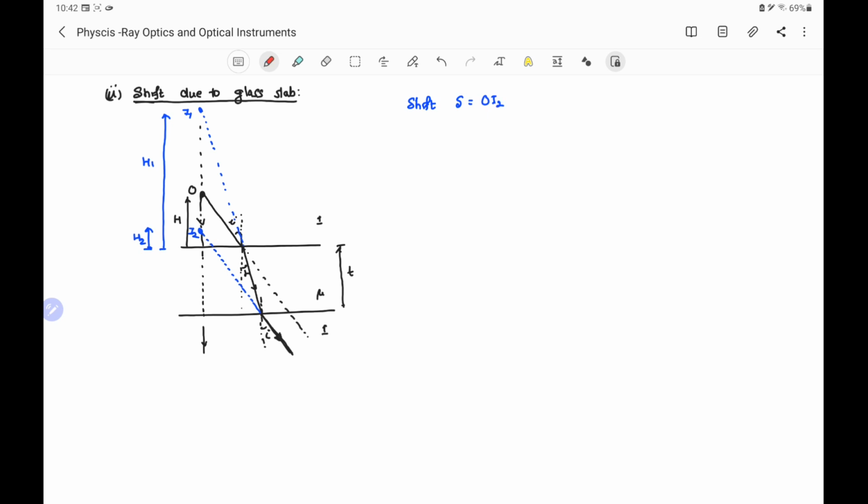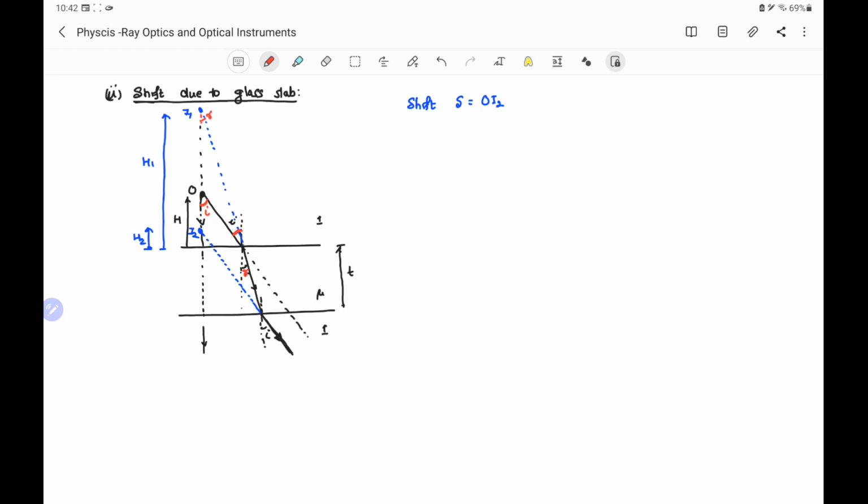Because alternate interior angles are equal, the angle at O is equal to the angle of incidence I. Similarly, the corresponding angles are equal, so the angle of refraction R will be equal to the angle at I1.